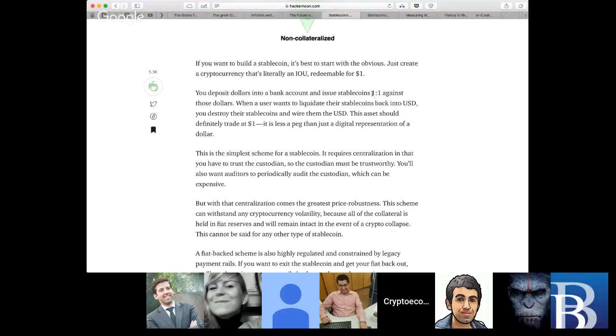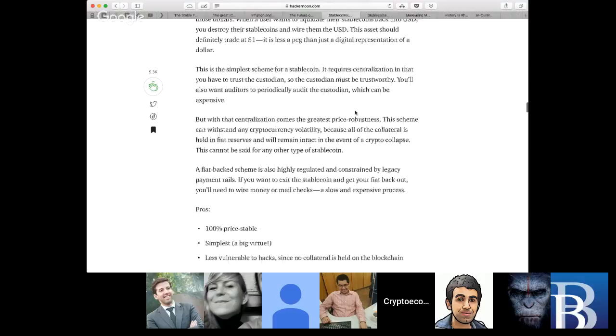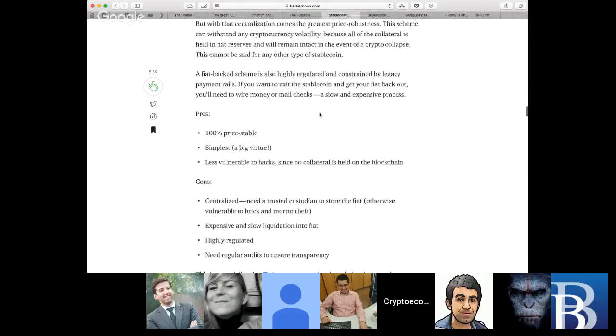So it's a one-to-one peg, if you will. This is extremely easy. It's really stable because it's pegged to the value of the underlying asset, which is dollar or euro.